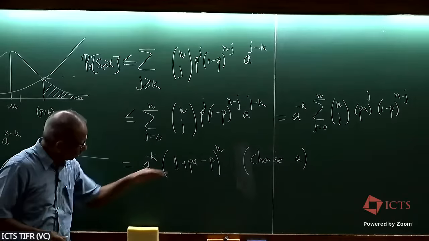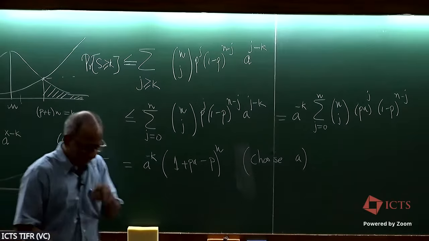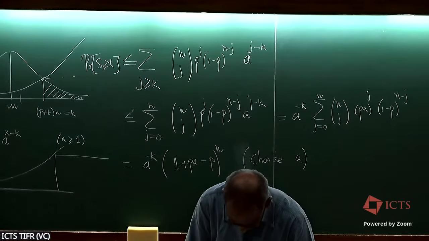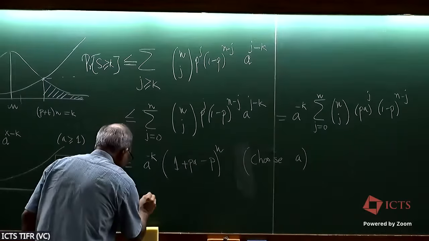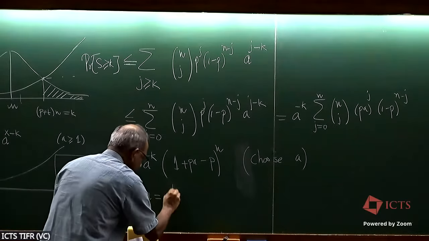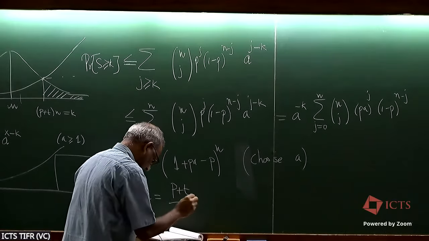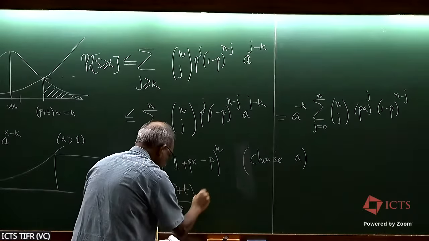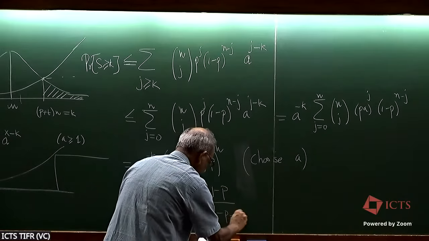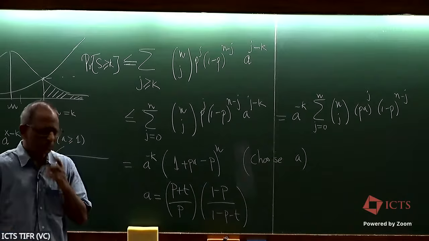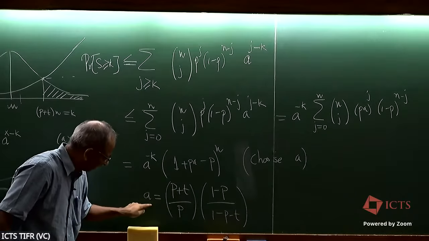So you do calculus, take the derivative, set it to 0, and find the value of A. When you try to minimize, you will get that A should be this value.